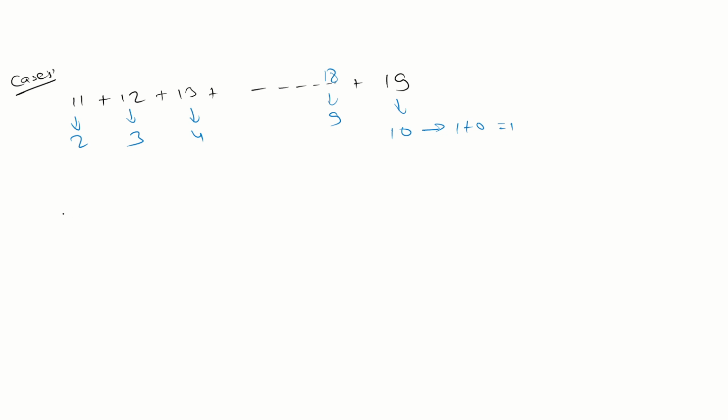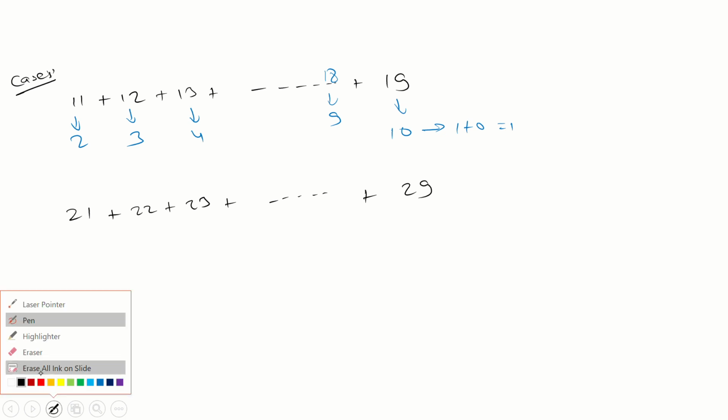Okay, that's fine. So can we take the same fashion in the same way for 21? 21 plus 22 plus 23 plus dot dot dot plus 29. Guys, these are two-digit numbers, so we just have to add up the digits individually.